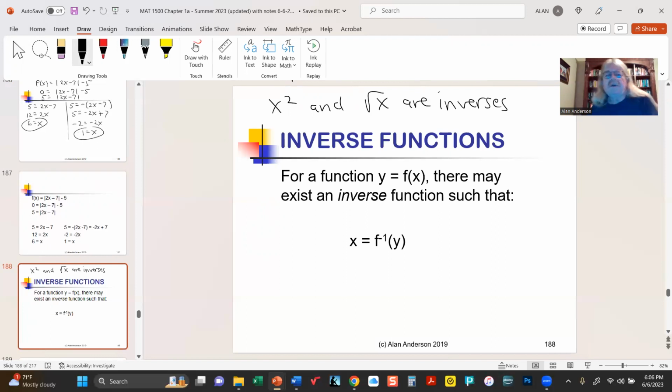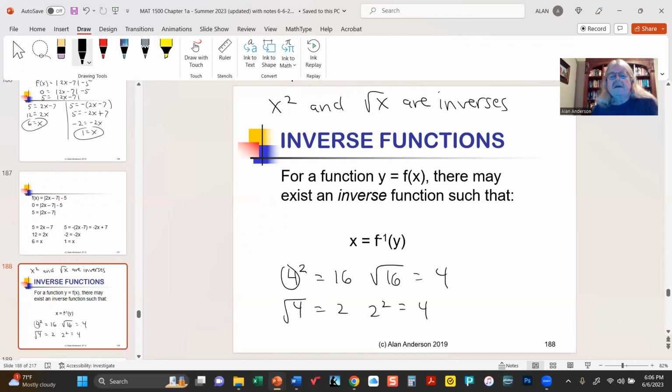In other words, if I took a number like, let's say 4, and then I squared it, and then I took the square root, it would bring me right back to my original value. And I can do it both ways. So I start with 4, end up with 4. I start with 4, end up with 4.